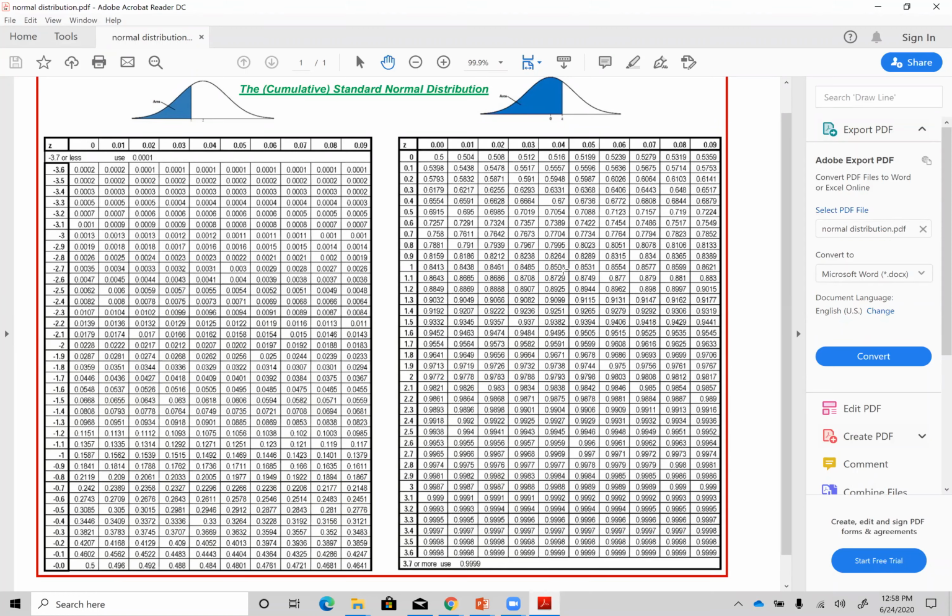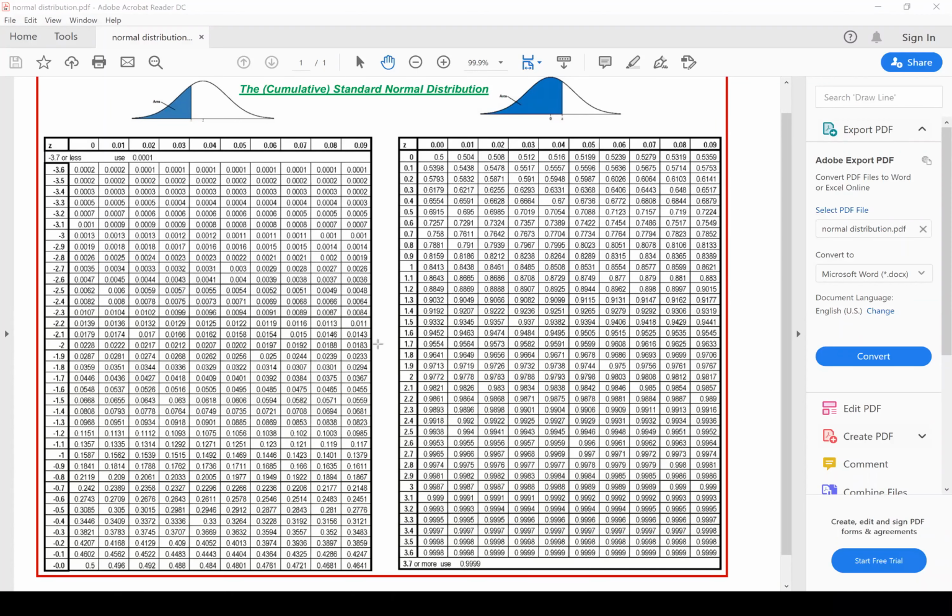So how do we dissect this table? This is your z-score: your vertical item is your 1's place and your 10th place, and your horizontal item is your 100th place. My question last time was to find the area to the left of 2.56.